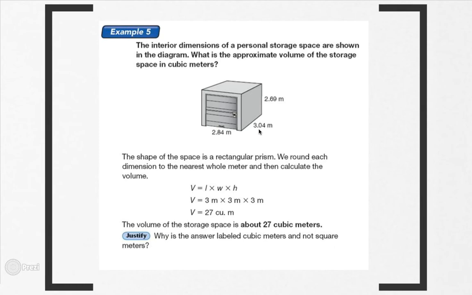So we do 3 times 3 times 3, which is volume, and we're going to answer in cubic meters. 3 times 3 is 9, times 3 is 27. So the storage space is around 27 cubic meters.